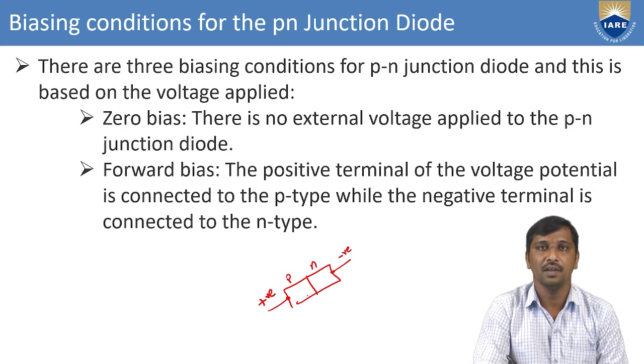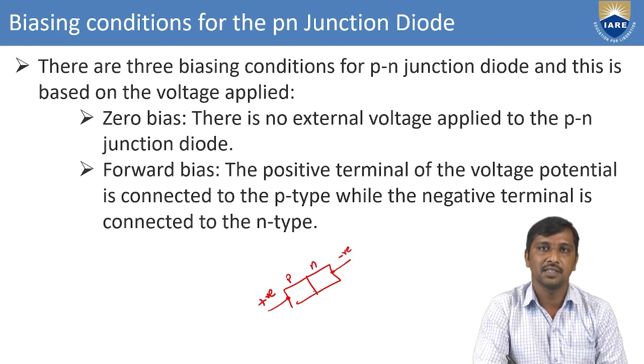The way of applying this external force to a PN junction is nothing but biasing.